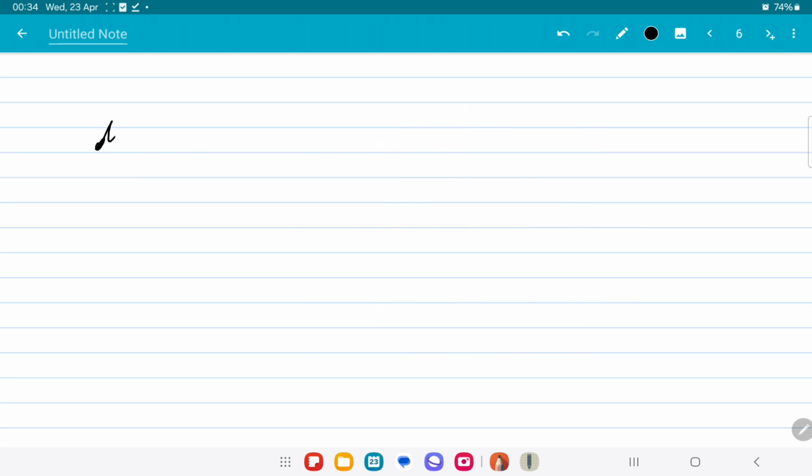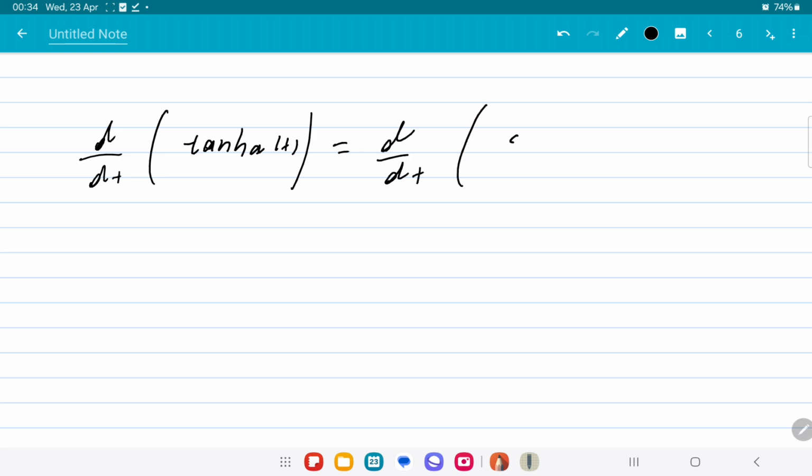The derivative of tan hyperbolic is taking the derivative of sine hyperbolic of a t over cos hyperbolic of a t, and we are going to use the rule for the quotient.